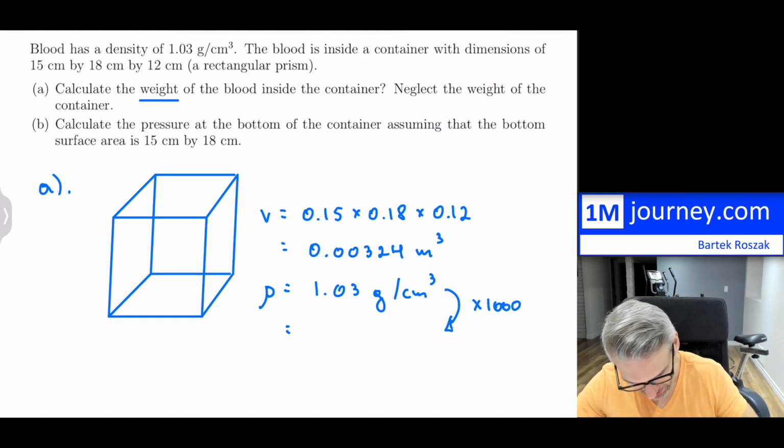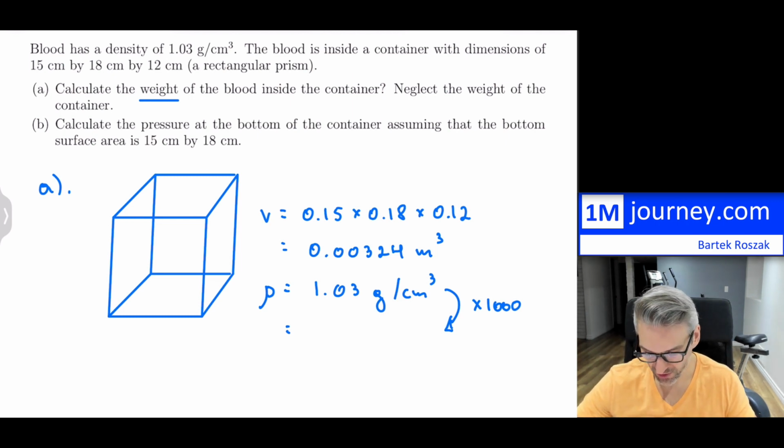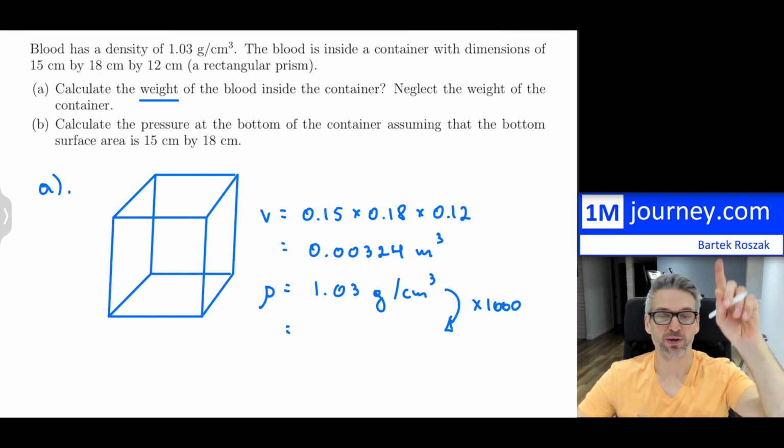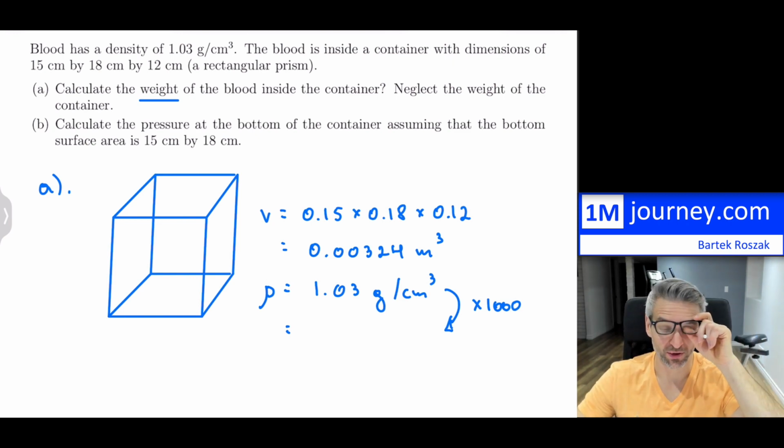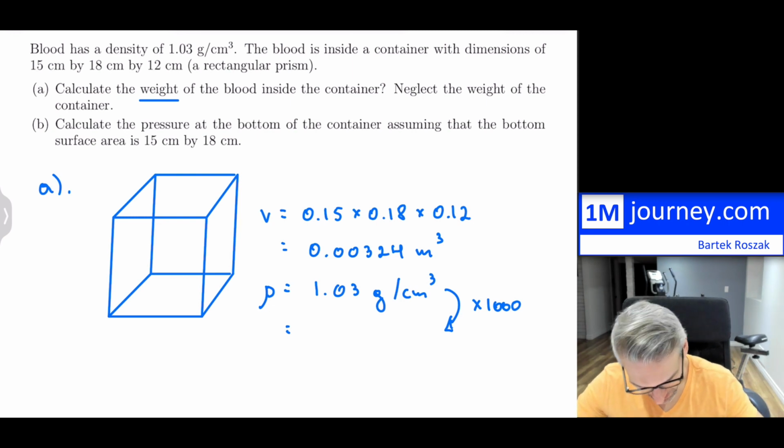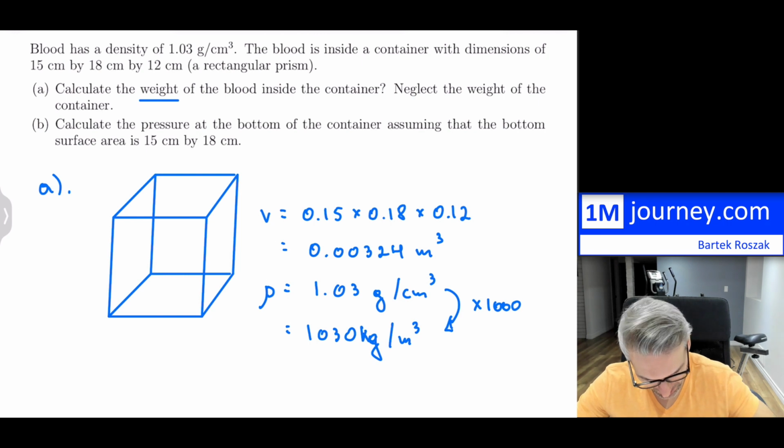This was pointed out in one of the questions I've actually done before. Maybe I'll put up a link above to that video if you want to check it out. So this just means 1030, and this is now kilograms per meter cubed, right? That's just the multiplication by 1,000.